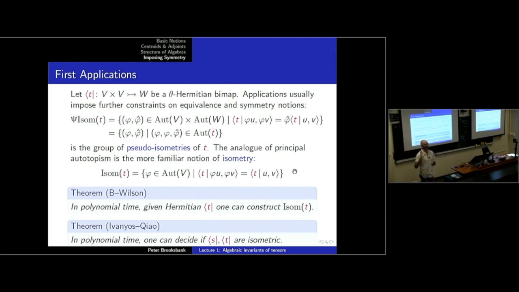If you're given 2 different alternating bimaps, S and T, can you decide whether they're isometric, right? Is there an isometry between them? And I suppose, looking back on it, we were just not really tuned into that problem at all. We were focused so much on the group, James and I, we didn't particularly think about the problem, or what the repercussions of solving that problem might be.